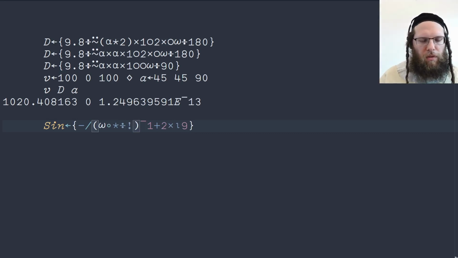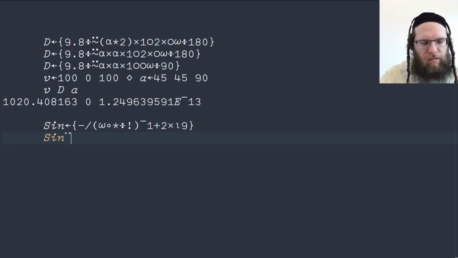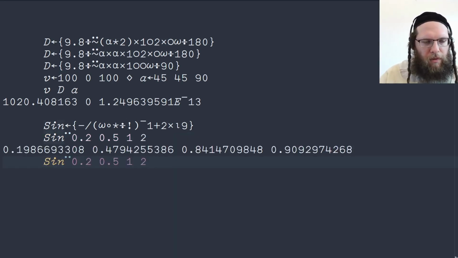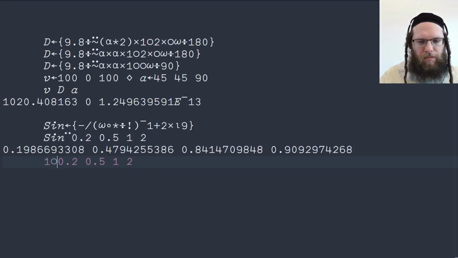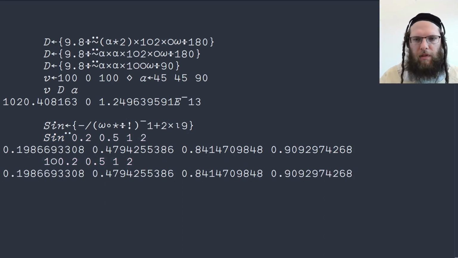And then the alternating sum of that should give us a correct result. Let's try this out. And compare with the native sine. That looks very accurate indeed. Okay, so we've solved that part.